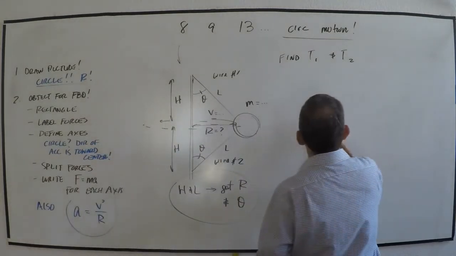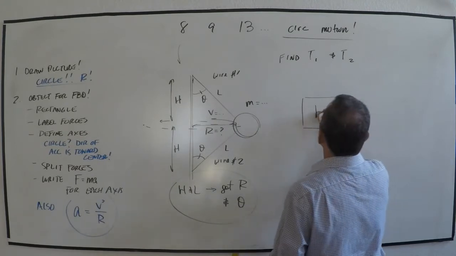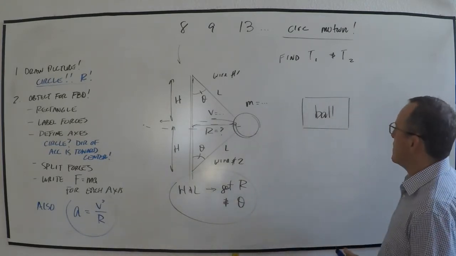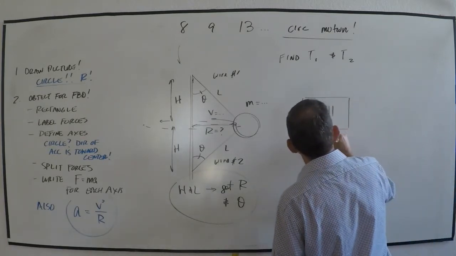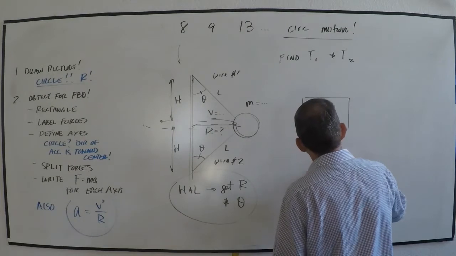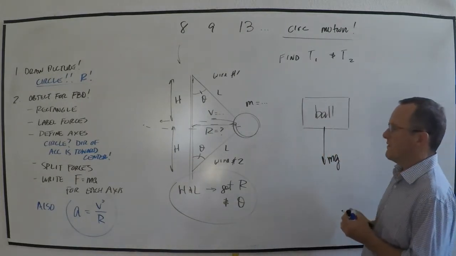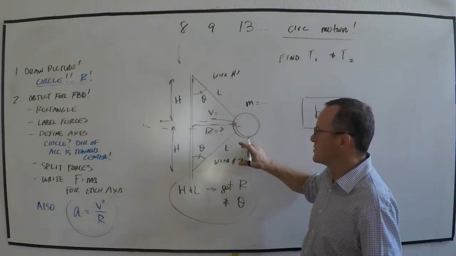Now what? Let's do a free body diagram on this guy. We're going to do a free body diagram on the ball. What forces are acting on this guy? Always, always, always gravity. Gravity always straight down. What other forces are acting on him? What is touching the ball? Wire 1, wire 2.